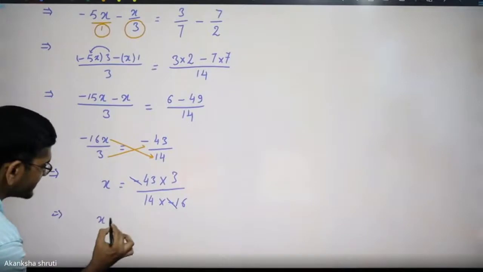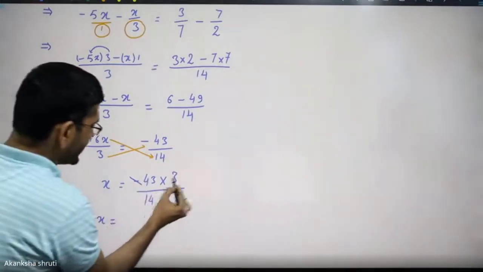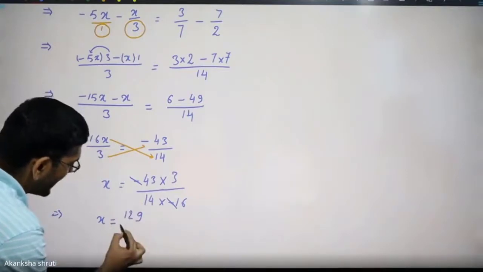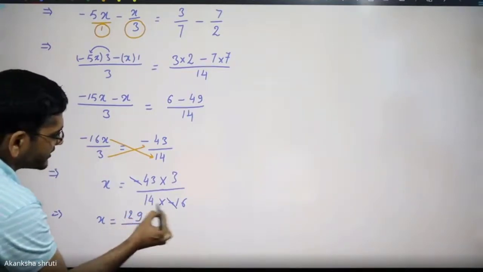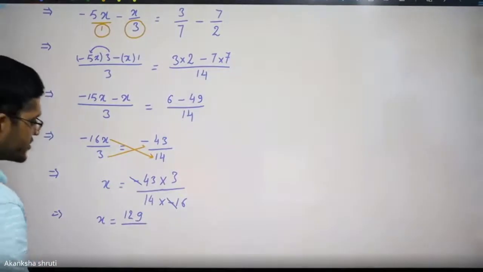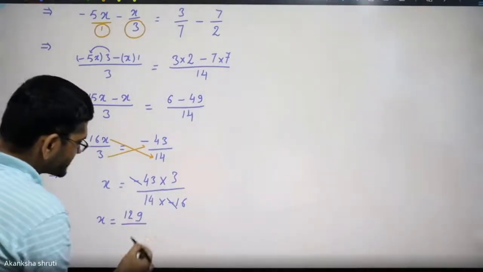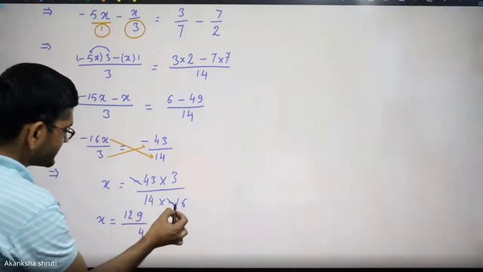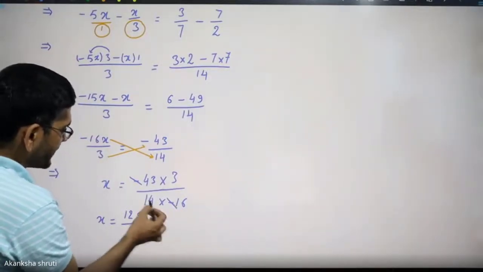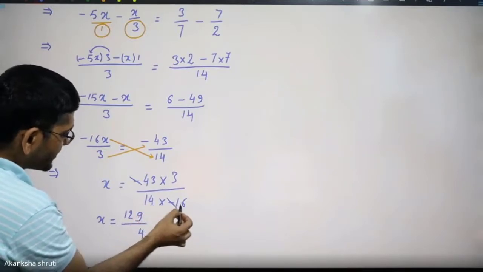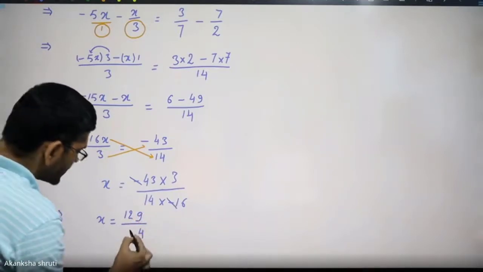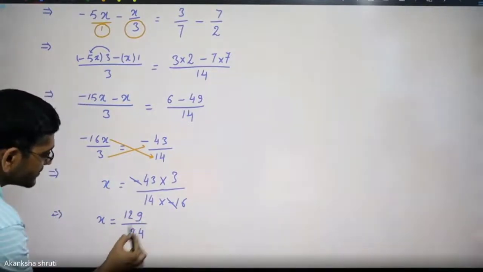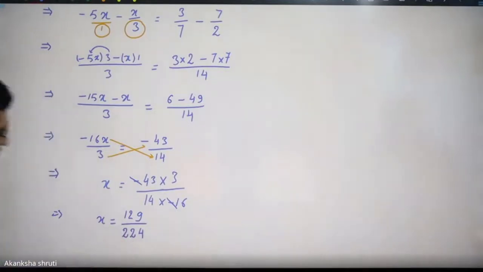So x is, multiply this 43 into 3, 3 3s are 9, 3 4s are 12, and in the denominator this 14 with this 16, multiply 6 4s are 24, then 6 plus 4 is 10, plus 2 is 12, then 1 into 1, then another 2.